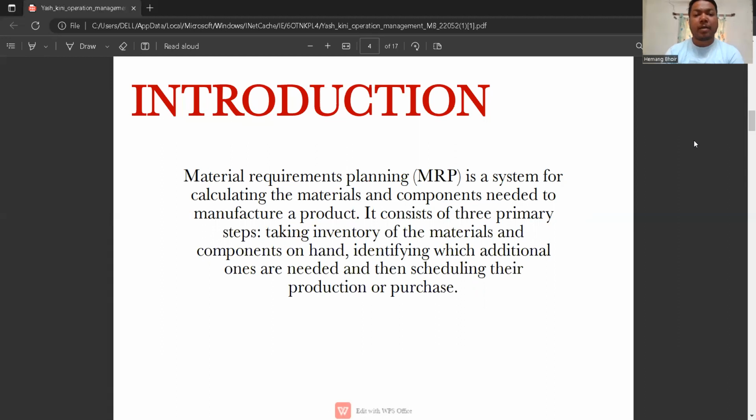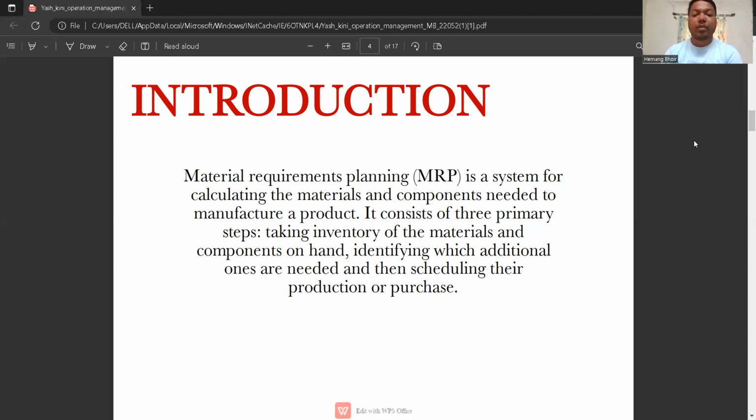So, MRP is about knowing the market. There are three primary steps: taking inventory of the materials. We have to take capital or investment for material from the market, components on hand, identifying which additional are needed.